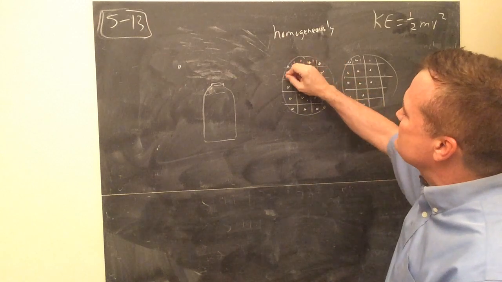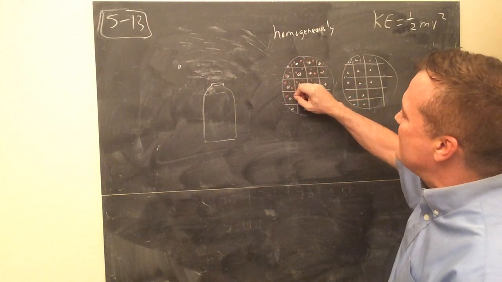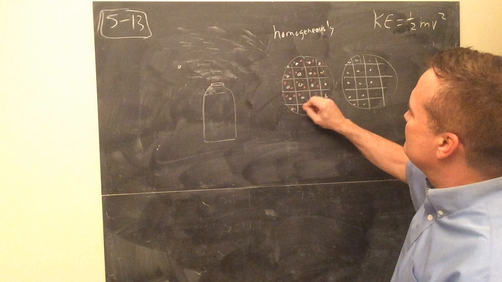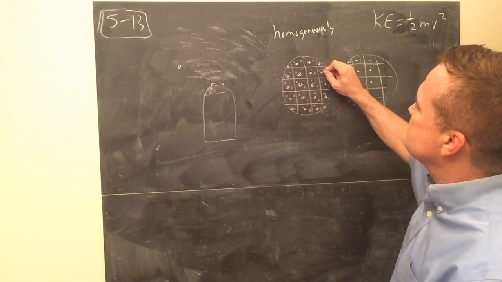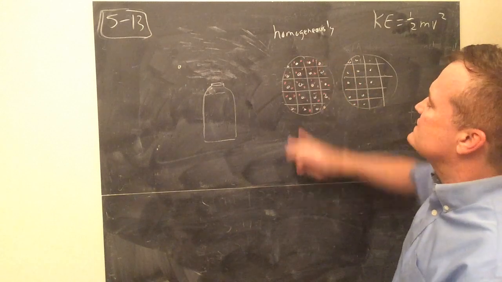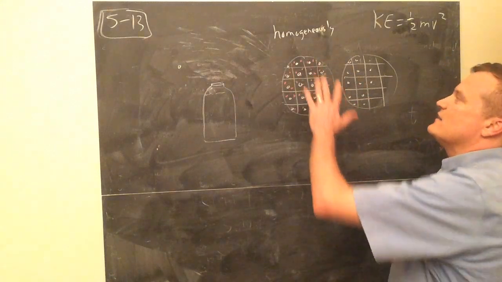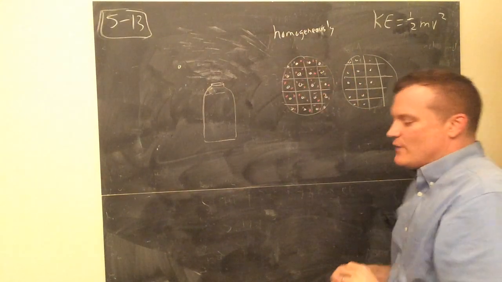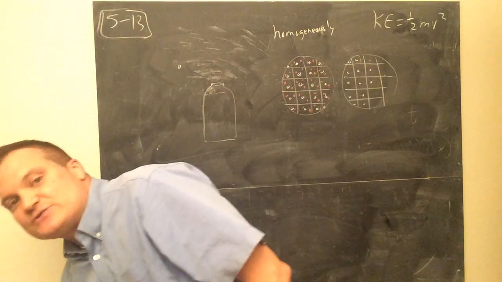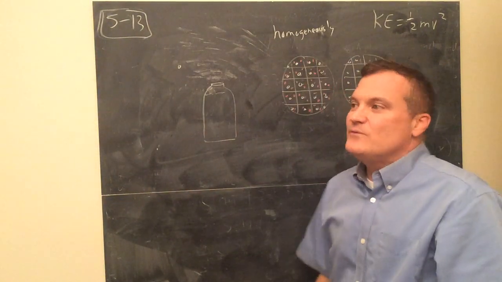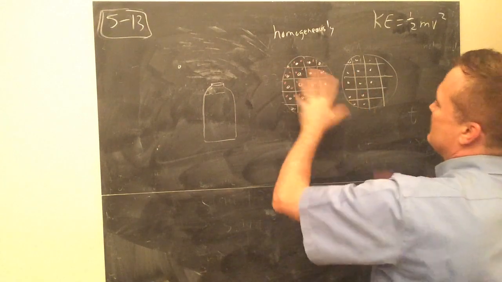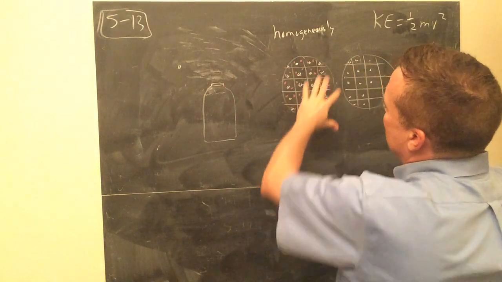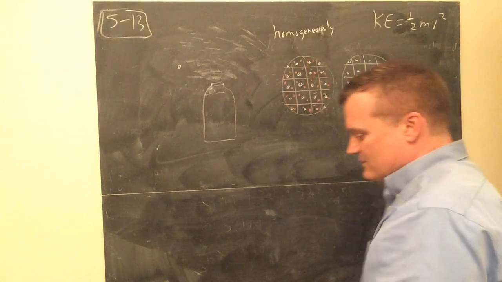This is not true actually, I'm just making it up. But the point is the two gases are still spread homogeneously throughout the space. That's an interesting thing about it. You're not going to have all the oxygen on this side and all the nitrogen on this side. Because of their random motion as they keep moving around, it's going to homogeneously fill up the space.